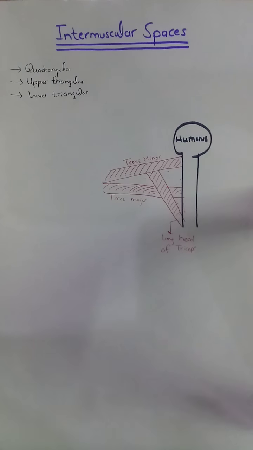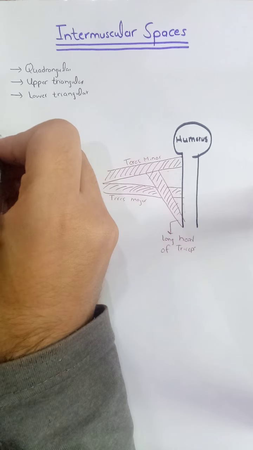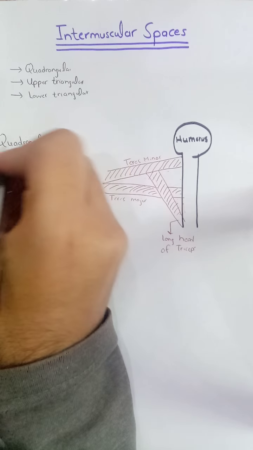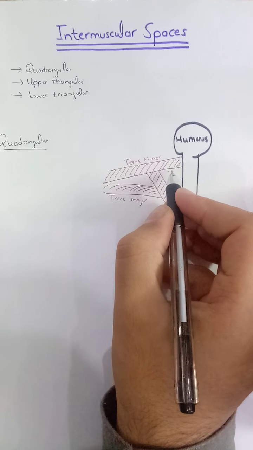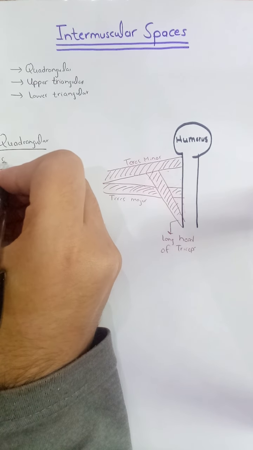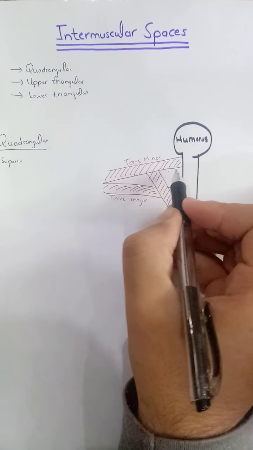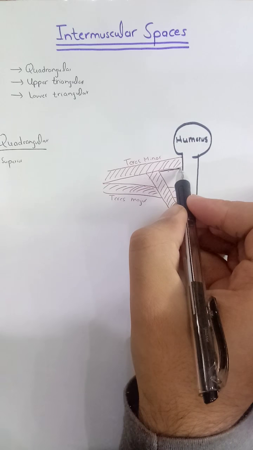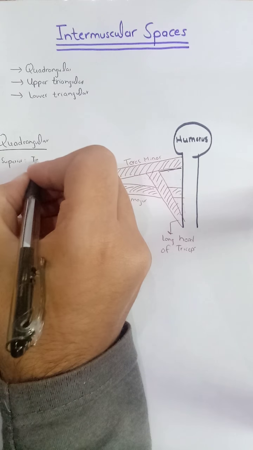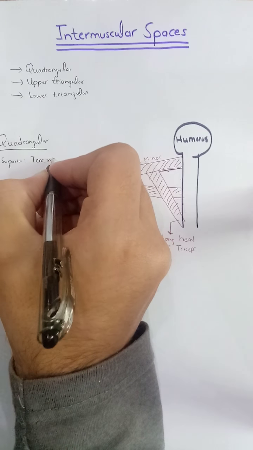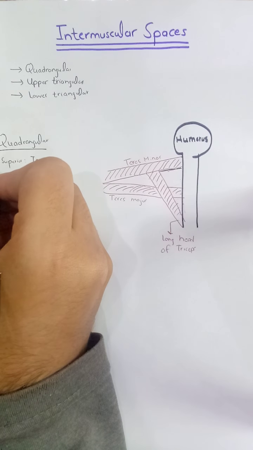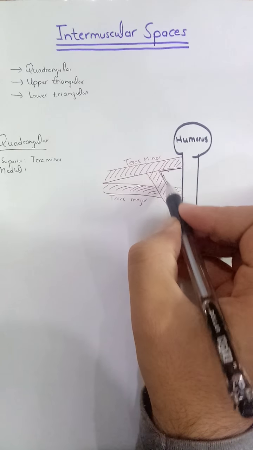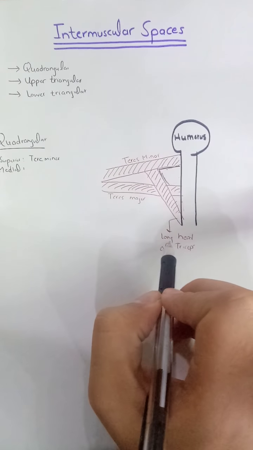So first of all we will see the quadrangular space. This is the quadrangular space. Its superior boundary will be made by the inferior border of teres minor. Then its medial boundary will be by the lateral border of the long head of triceps.